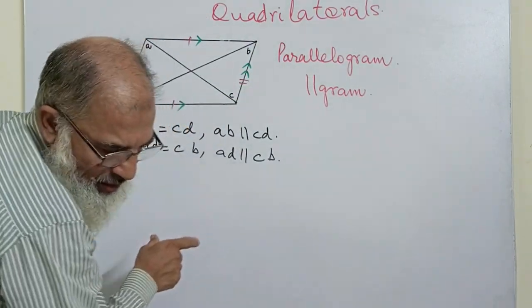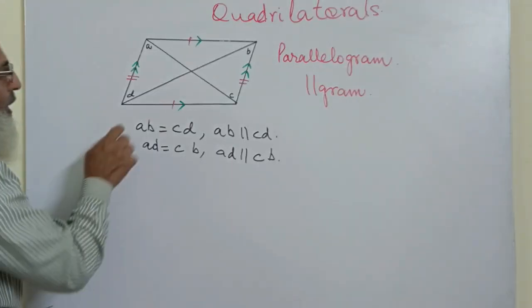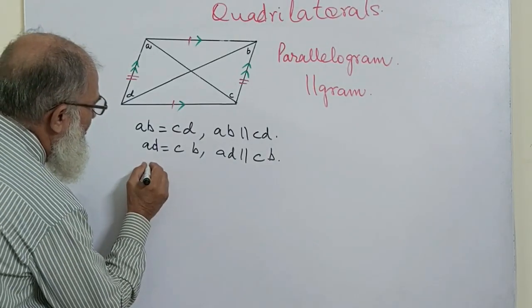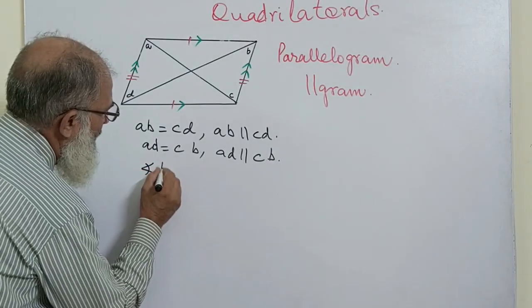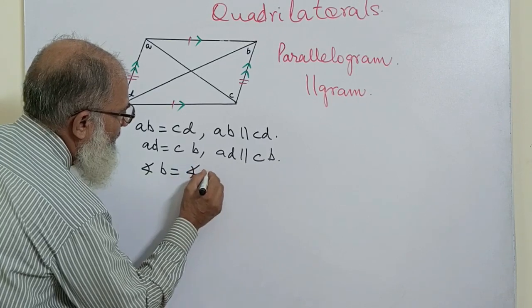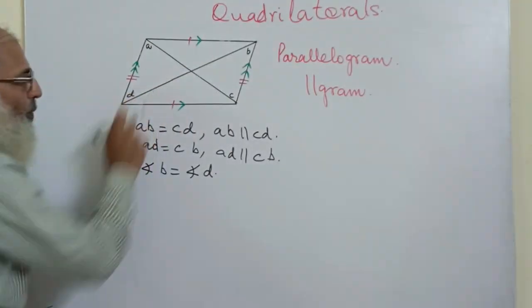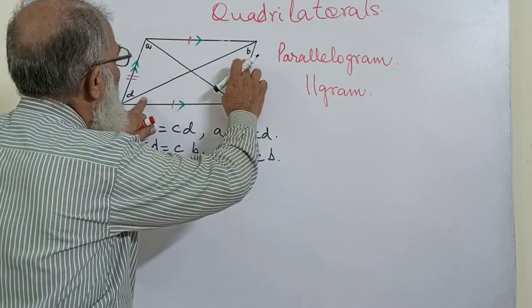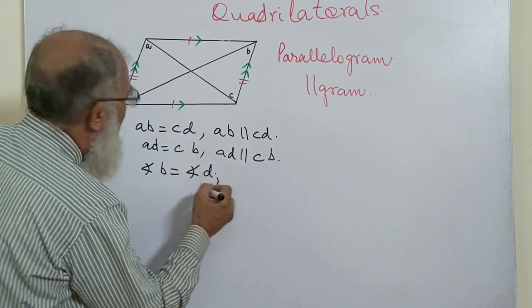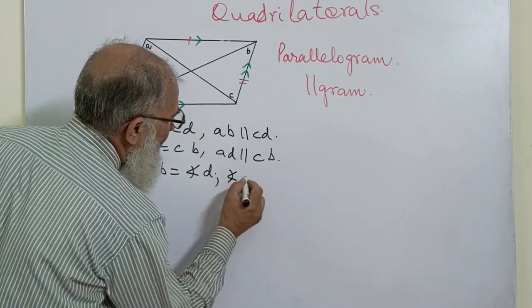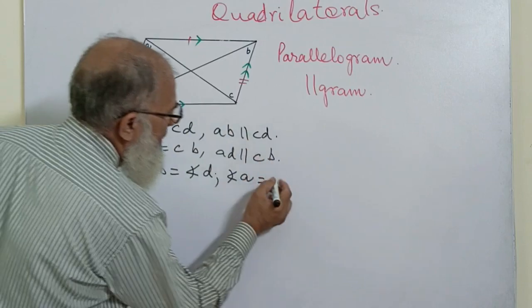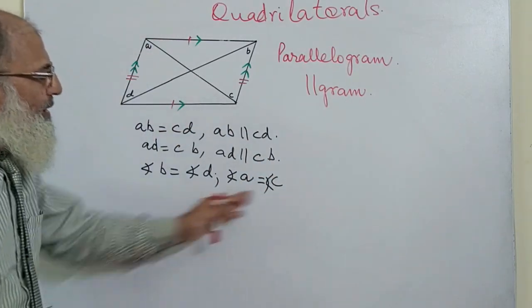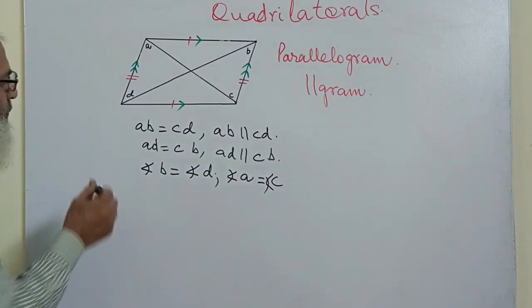The second is that opposite angles are also equal. Now, this angle and this angle: angle B is equal to angle D. These two opposite interior angles are also equal, and similarly angle A is equal to angle C. Now there are two properties.